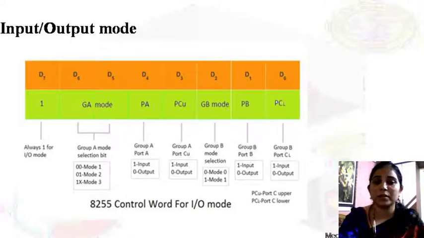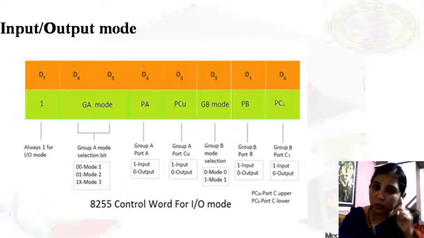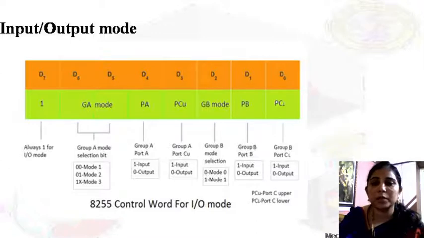If it is 1, port C lower works as the input port. Similarly, we have port B. It also carries bit information, 0 or 1. If it is 0, port B is the output port. If it is 1, port B is the input port.